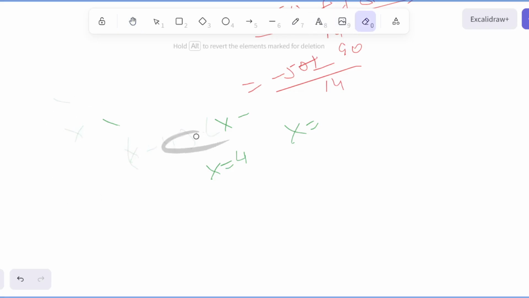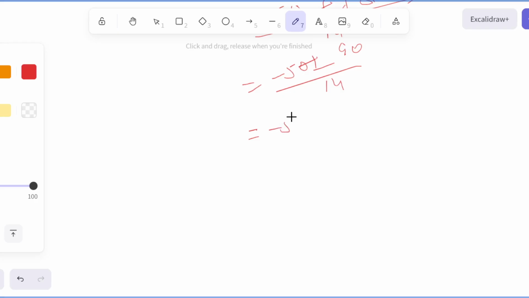So this will come out to be minus 50 plus 90 upon 14. That comes to 40 upon 14, and that is 20 upon 7. It's coming in fractions, right?